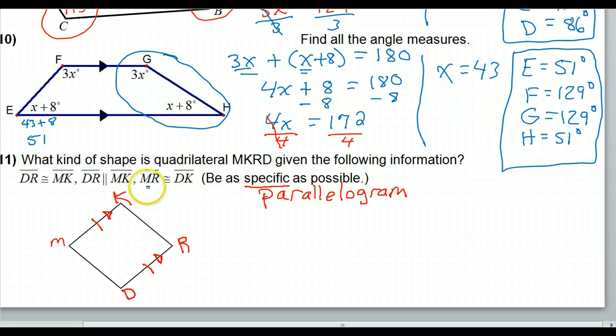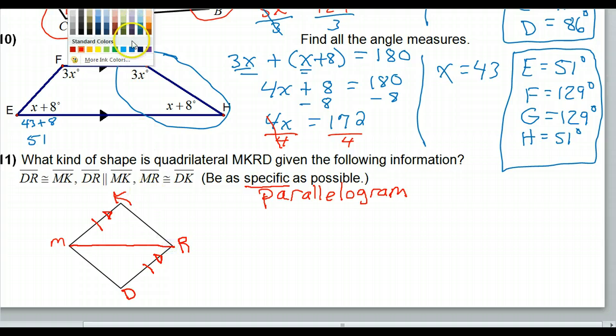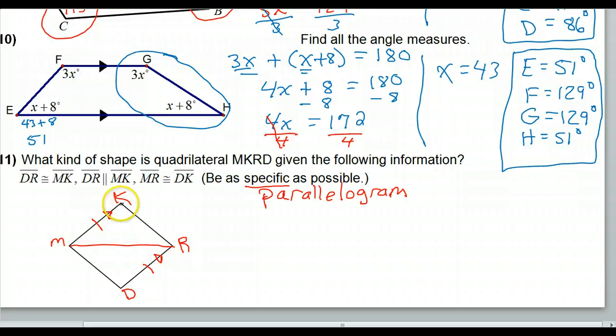So the remaining detail is that MR is congruent to DK. So we're talking about diagonals here. So MR is congruent to DK. Okay, so basically this red line is congruent to the blue line.